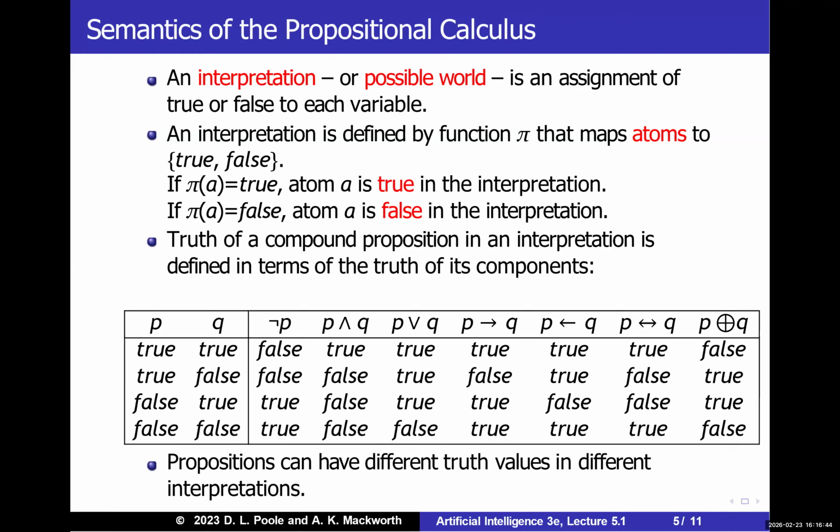Once we know the truth values of the components, we can determine the truth of compound statements using rules like those shown in the truth table. This matters because cybersecurity systems operate over many possible combinations of events. Logical semantics allows us to evaluate these combinations consistently and determine what conclusions follow in each possible case.